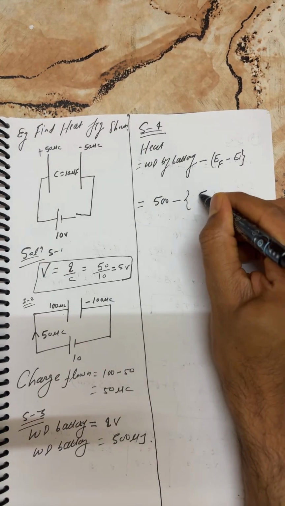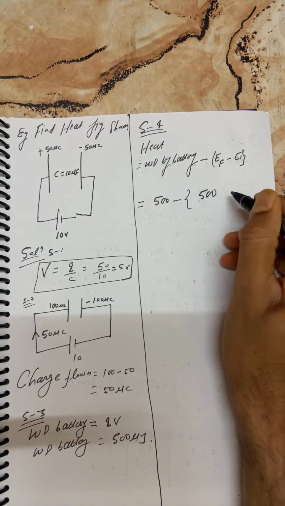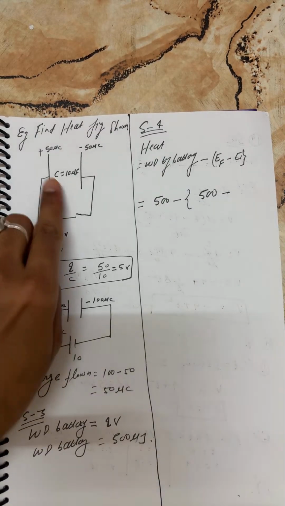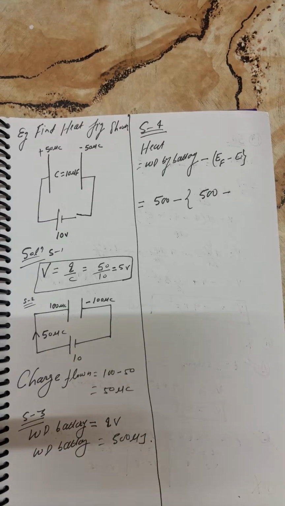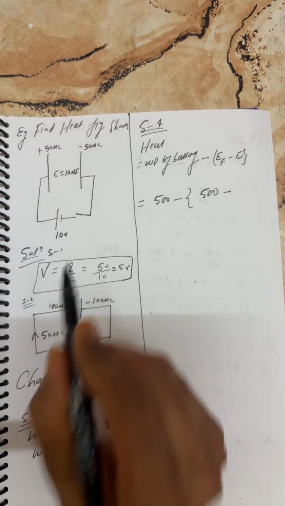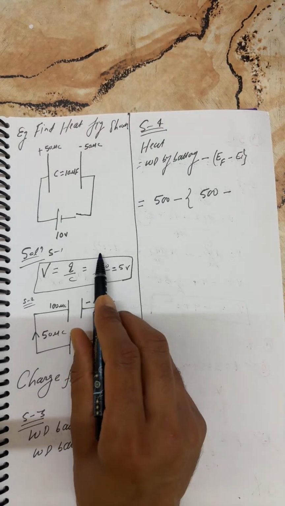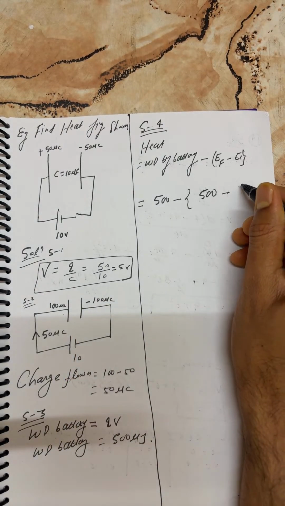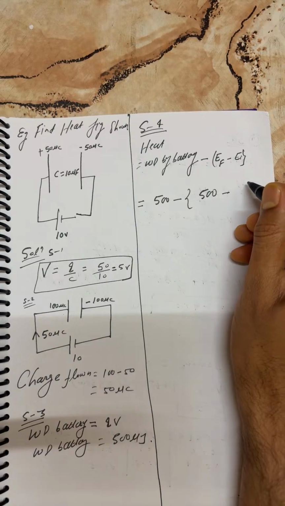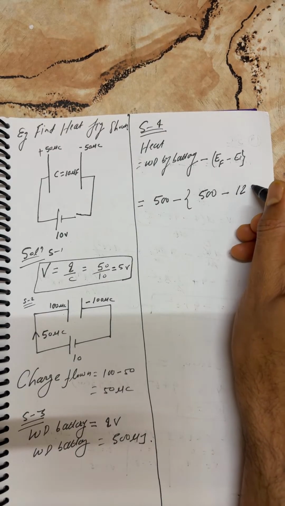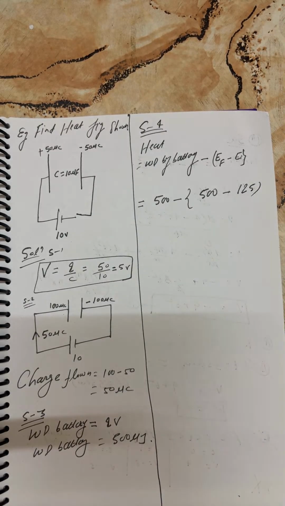So you can see this is 500. Energy initial here is half CV square. So half C, 5 into 5 is 25, 25 into 5 is 125. This is 125.